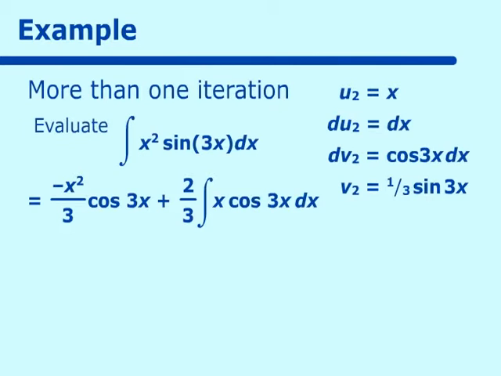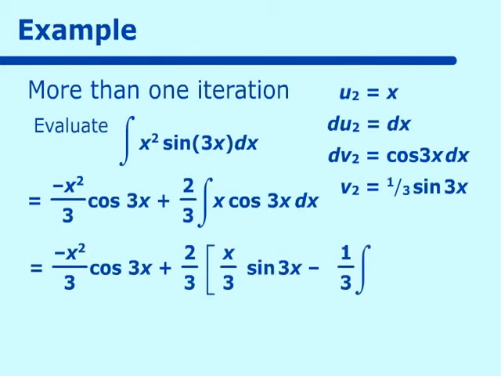Putting all this together, we will have negative x squared over 3 cosine 3x plus 2/3 u times v. u is x and v is 1/3 sine 3x, so it's 2/3 times x over 3 sine 3x minus the integral of v du, which is 1/3 sine 3x dx.